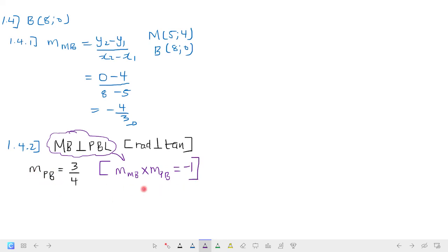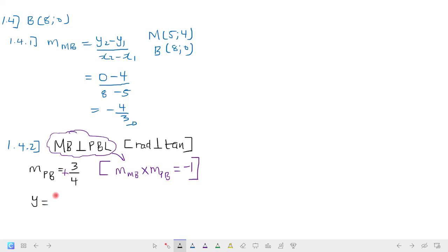If my gradient was minus 4 over 3, I need a negative reciprocal to make minus 1. Here I got minus, so it needs to be positive, and then I just swap the fraction.